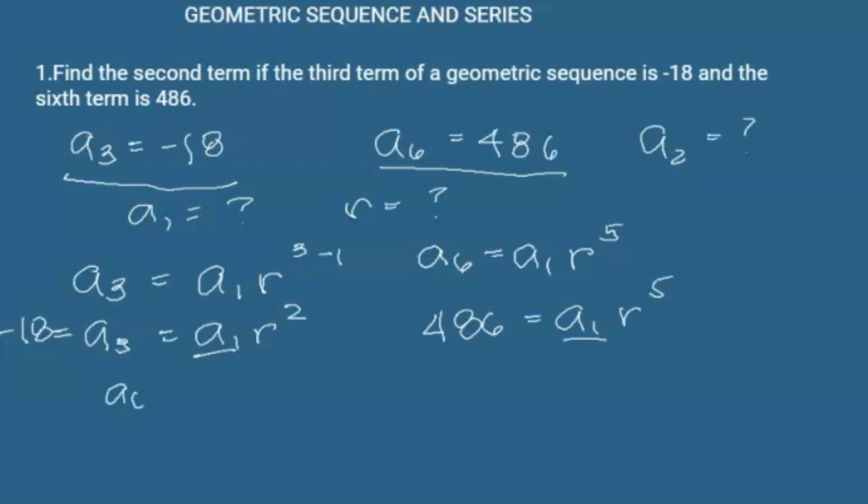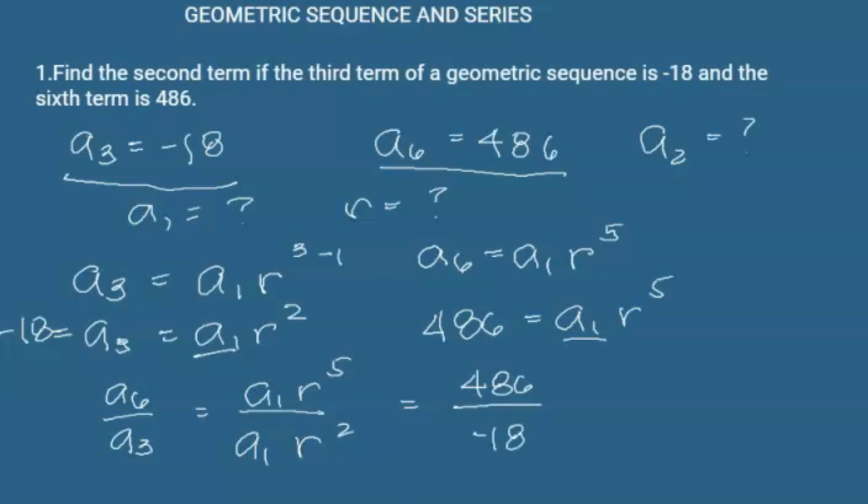So a sub 6 over a sub 3 gives a sub 1 r to the fifth over a sub 1 r squared. Let's substitute our given: 486 over -18.